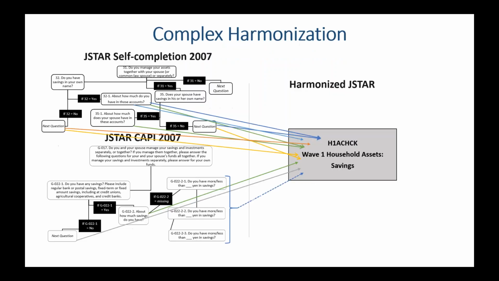And in an example like for the harmonized JSTAR, here we have a value of savings, and we've accounted for this complicated skip pattern. We've performed imputation, so you can still include all those respondents who didn't answer the question in your analysis, which is important to do so that you can produce nationally representative results.